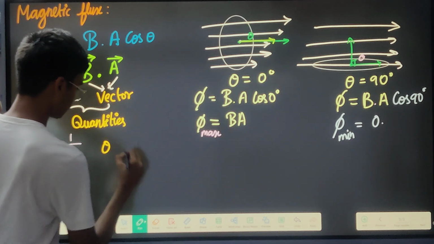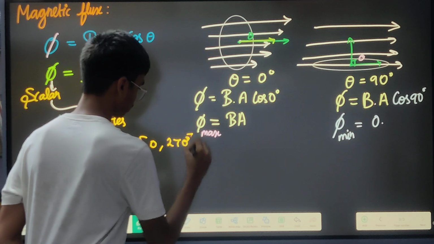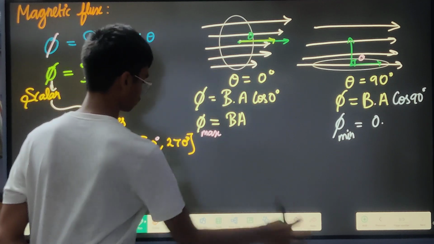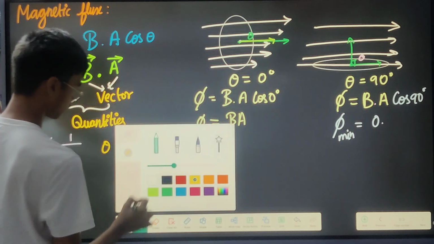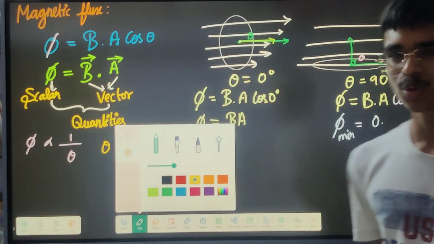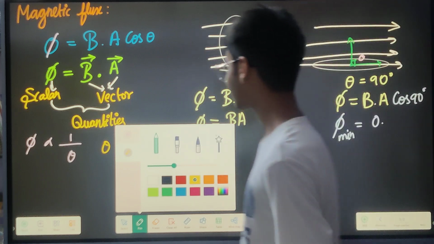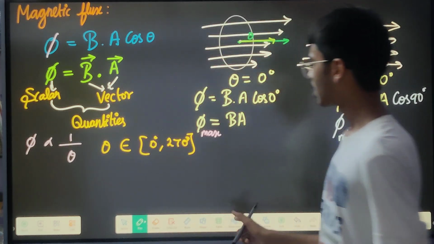Theta should be limited, because if you take theta more than 360 it is possible, but then it will increase again. That is why I kept it as 270.